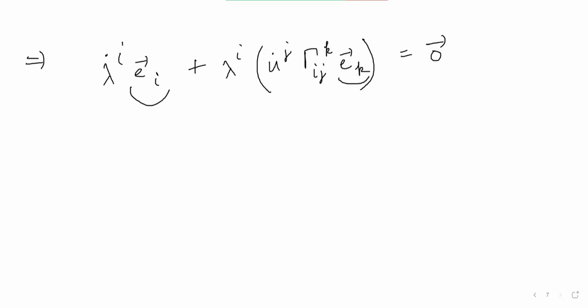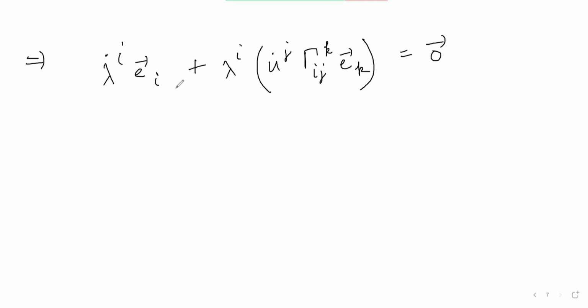But before we can do that, we have to change the dummy indices. What I mean by that is that the dummy indices have to match.